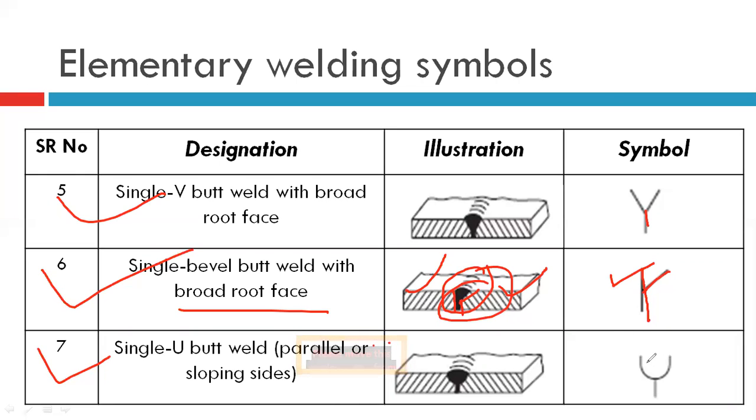It means that these two sides are parallel here itself, this one and this one. These are the two plates, and the shape should not be the V, right? It is a sloping slope they are given, right? And again the root face they are given. So we are calling it as a single U butt. U kind of shape they are given. Instead of V, they are given the U shape. That's why we are calling it as a single U butt weld, parallel or sloping sides.